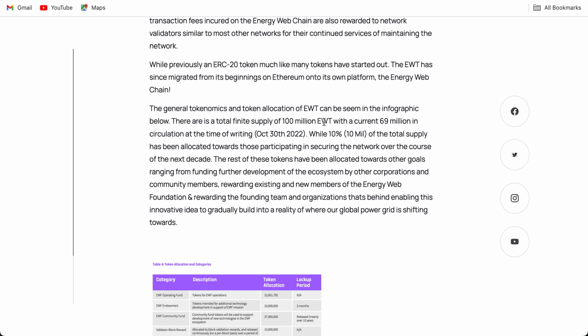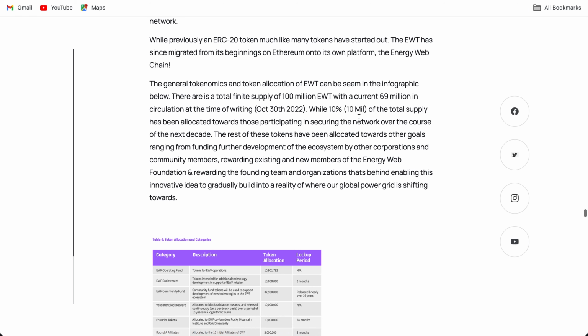But according to Tokenizer, the current 69 million in circulation at the time of this writing, while 10% of the total supply has been allocated towards those participating in securing the network over the course of the next decade, the rest of these tokens have been allocated towards other goals.